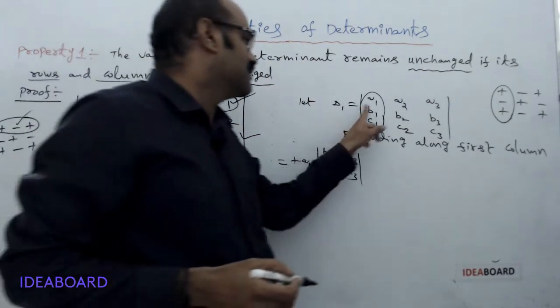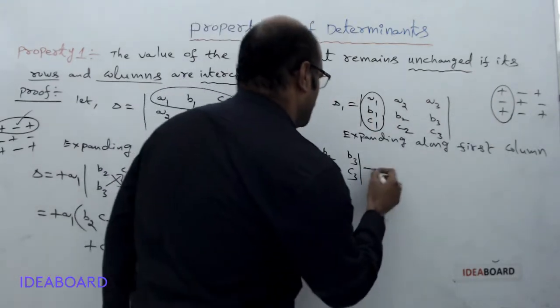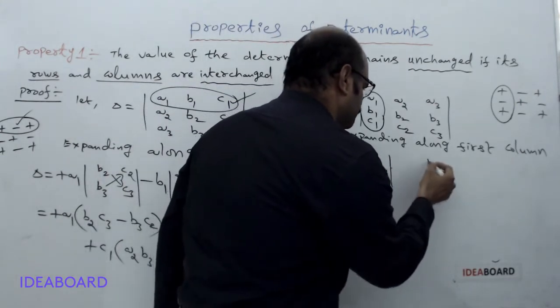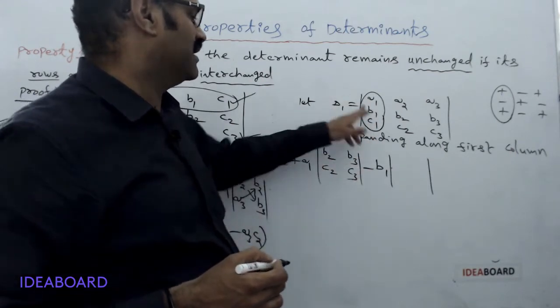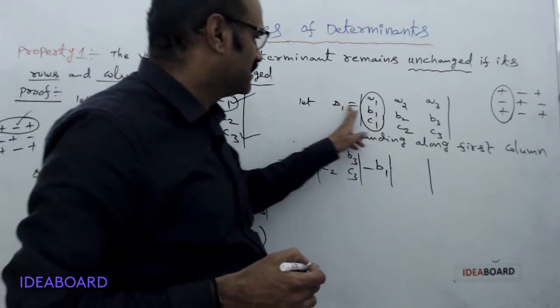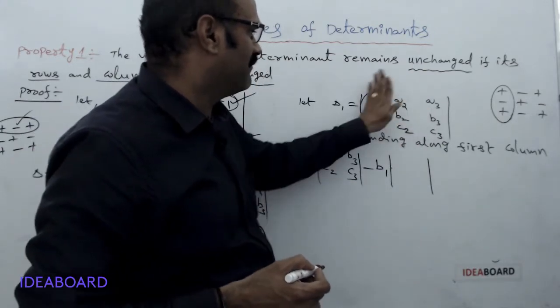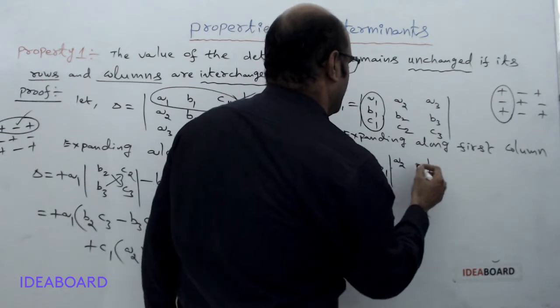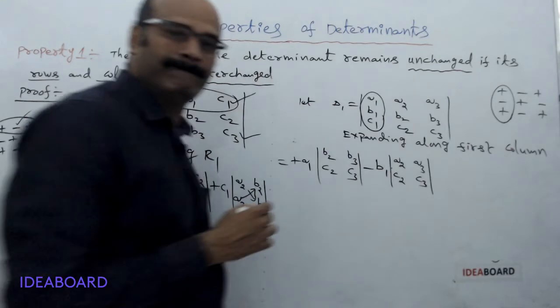Now for B1 we have a sign minus. So minus B1 into determinant of, the element B1 lies in the second row and first column. So we close the second row and first column. Therefore the remaining elements are A2, A3, C2, C3.